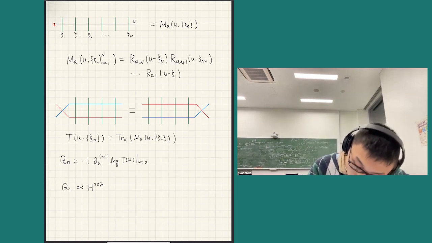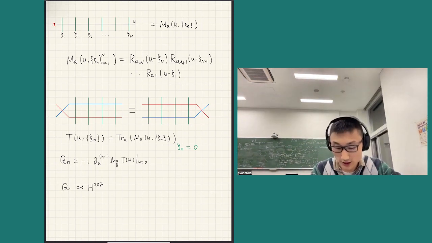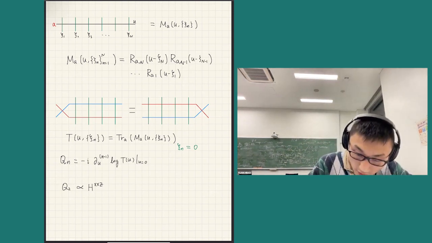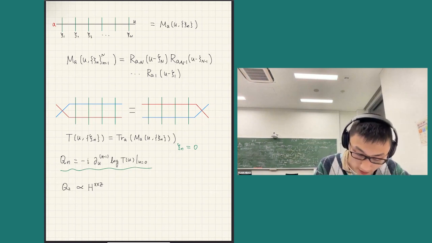So if we consider a model where all the psi n equal 0, this is called the homogeneous limit, and we do a log derivative, we define such operators Qn.